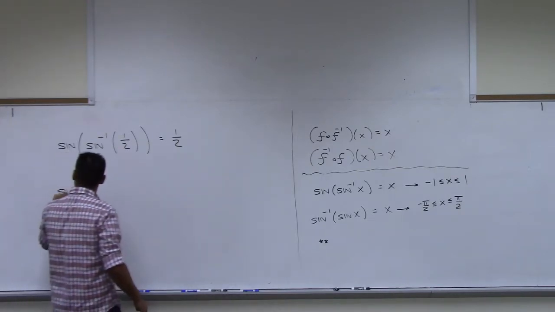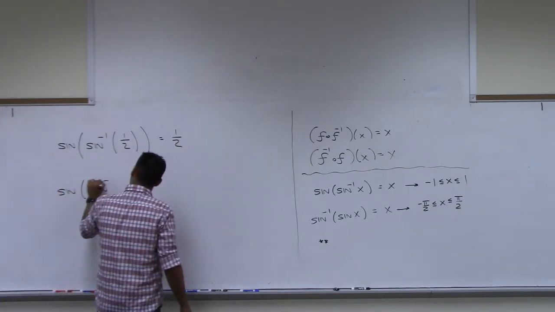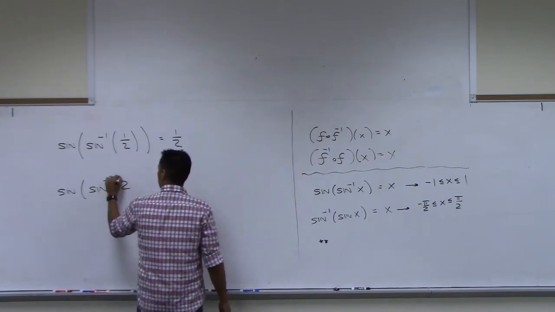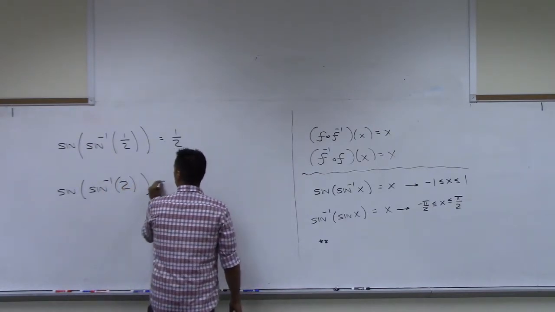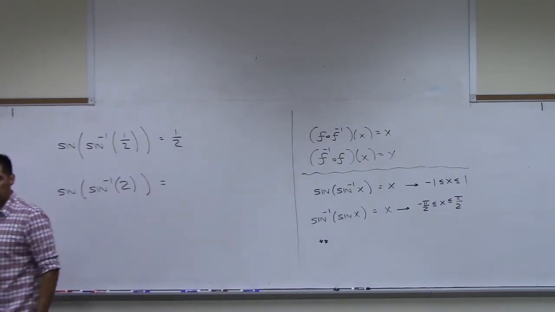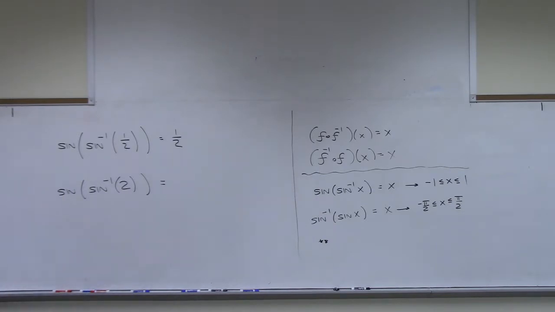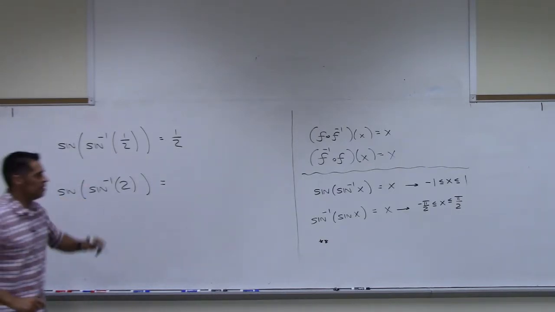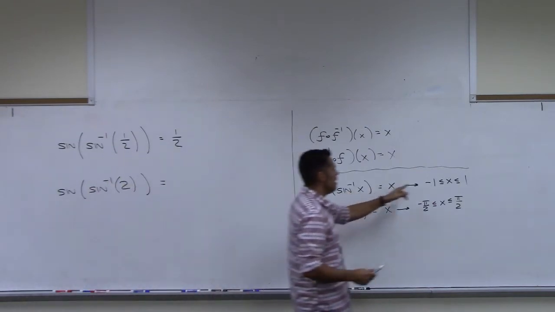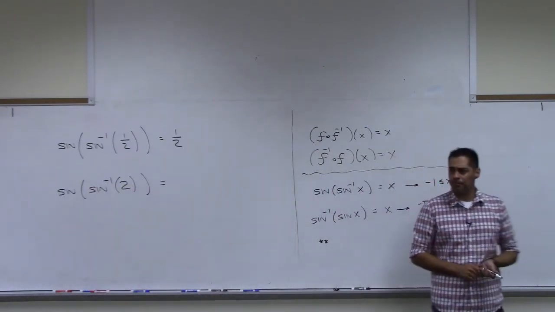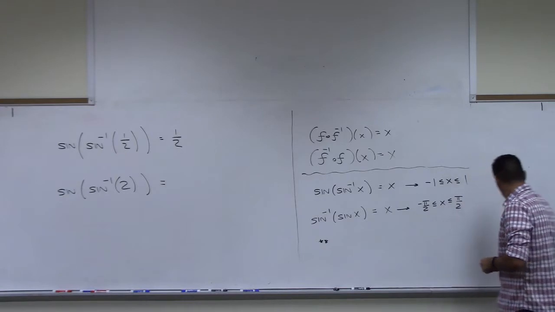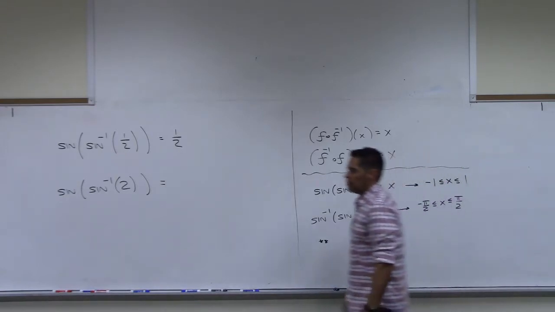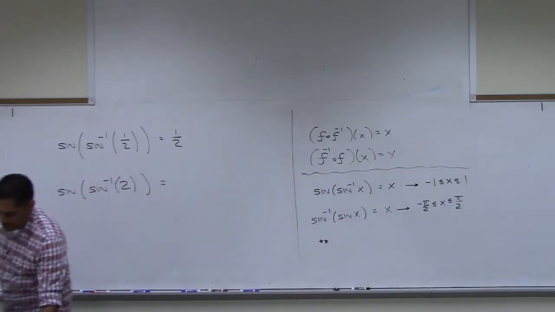What is this? Can I use that over there? I can't use that because the thing I'm trying to plug in is not between negative 1 and 1. So let's go back to what this means.